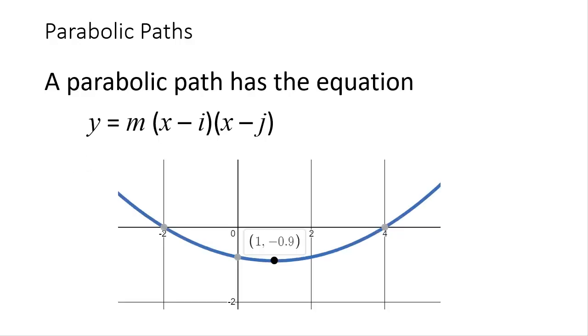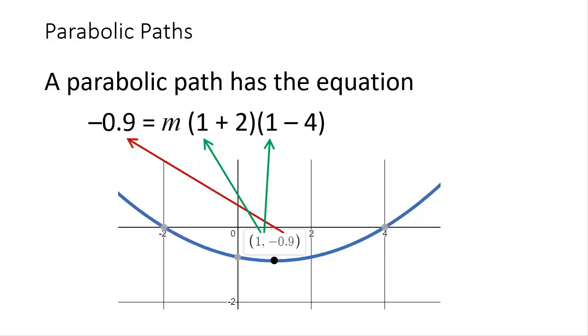So we have a parabola like that. We have two intercepts, minus 2 and 4. We put those in as the negatives. Minus 2 is plus 2. And then we can calculate the m because we have a given point. It's 1 across, minus 0.9 down.